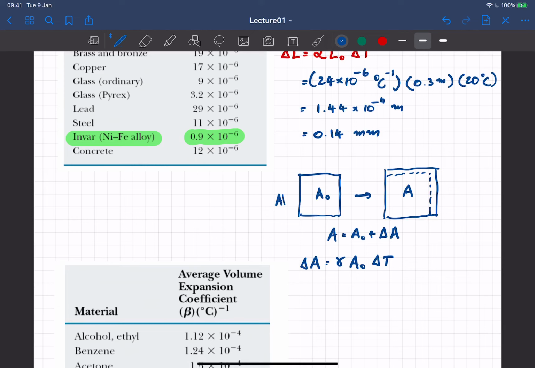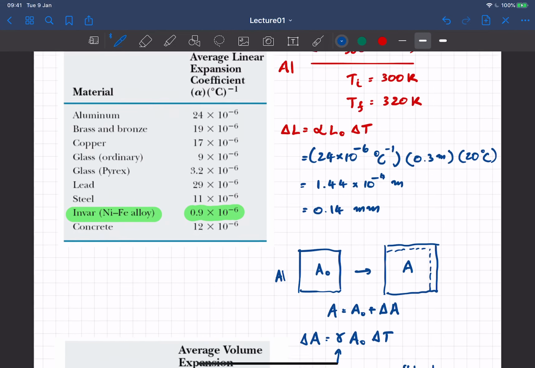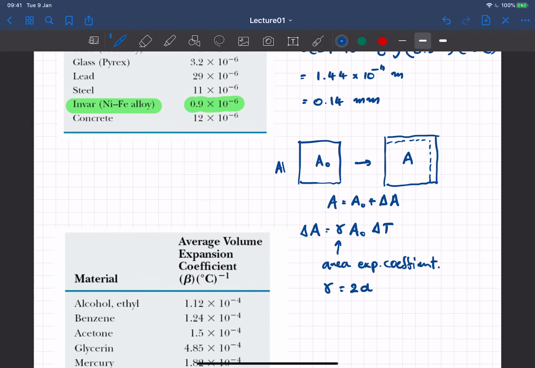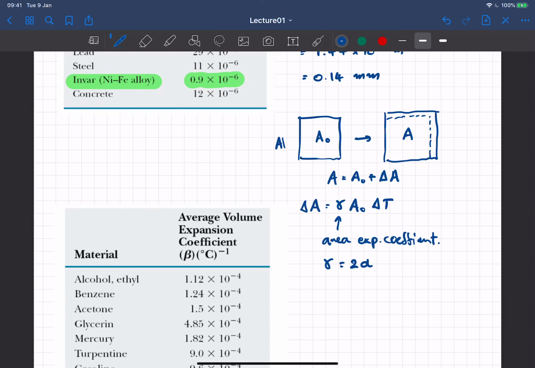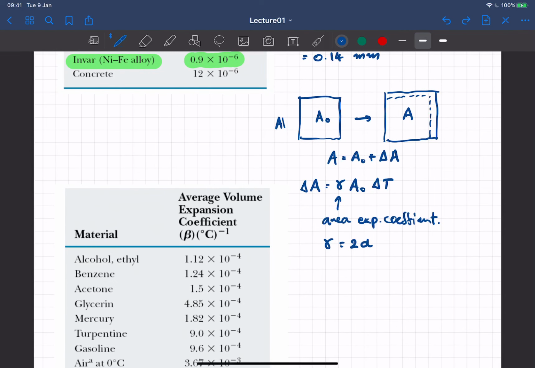So this one is the area expansion coefficient. And it can be shown that gamma is actually twice alpha, which is the linear expansion coefficient. It's quite interesting to see how you get about this. So it's just twice the linear expansion.